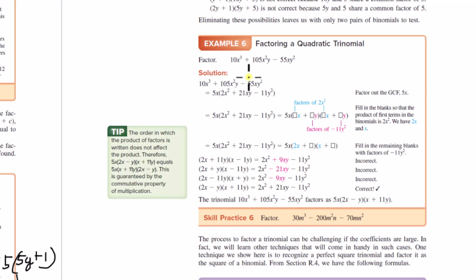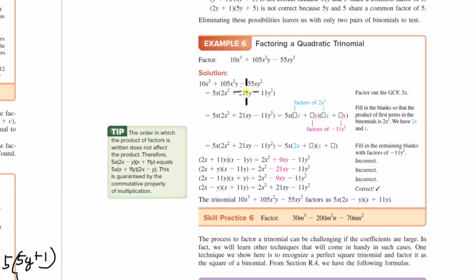But the first step you do for any factoring problem is factor out the greatest common factor. So they take out a 5x, and they get this here. Now if you look at this, you could view it like it's 2x squared, and then the x. So this is like a polynomial with a variable x: x to the second, x to the first, x to the 0. Okay, so let's just take a look at this.